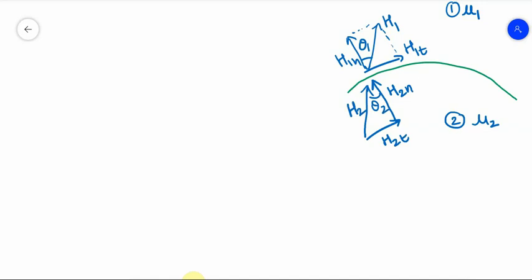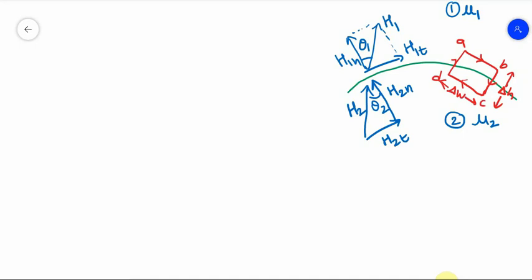Now we will consider a closed path along this interface, such that half of it is lying in the upper half and half is lying in the lower half. So A, B, C, D: A to B, B to C, C to D, and D to A, and this height is del H, and this is del W. These things are not new because we have already discussed them in the electric field.